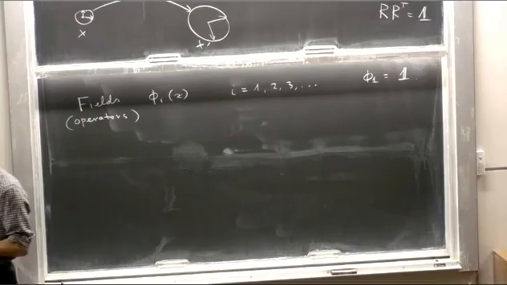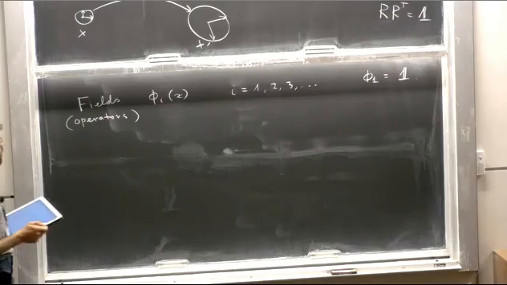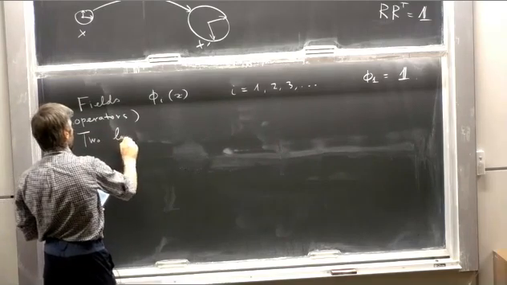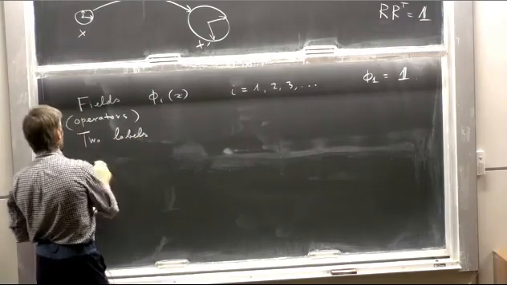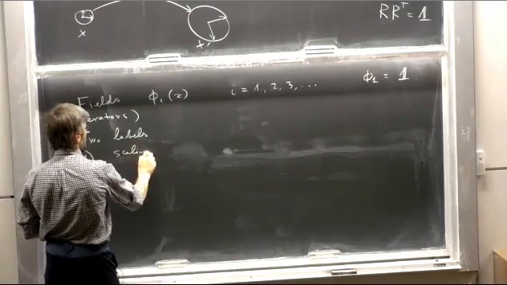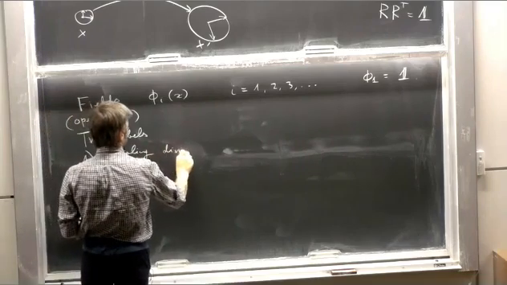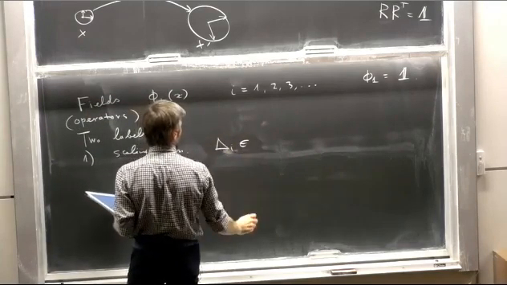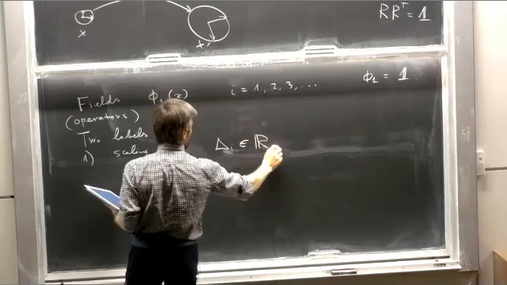And each of these fields is going to be characterized by two labels. The first label is going to be the scaling dimension. And this is just a real number, Delta_i, a positive real number.